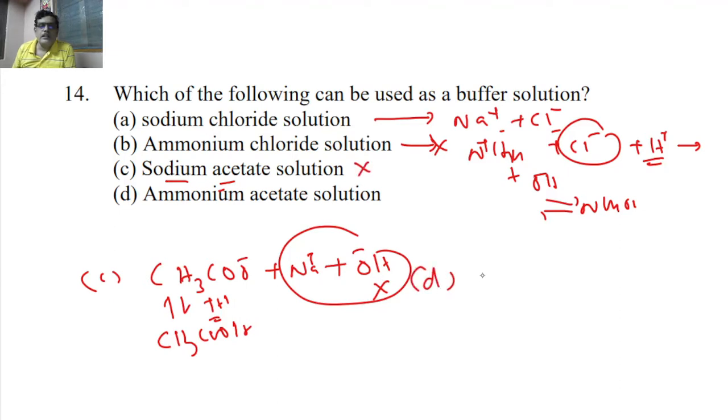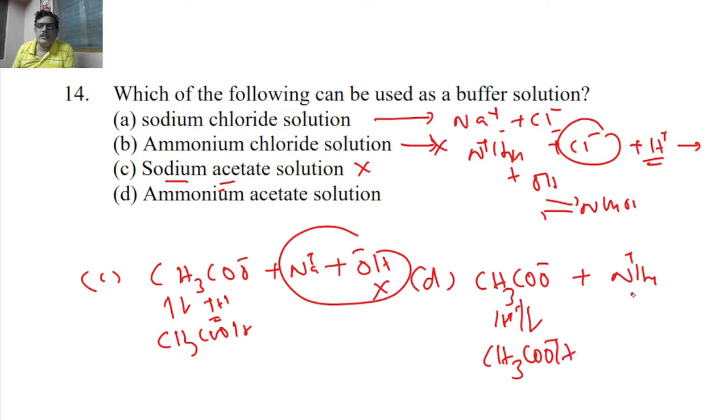In option D, on dissociation we are going to get acetate ions and ammonium ions. If I add a little amount of H plus, it will form some undissociated acetic acid. If I add a little amount of a base, they will combine to form undissociated ammonium hydroxide.